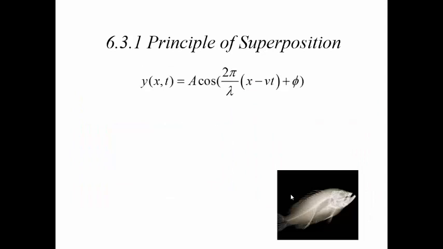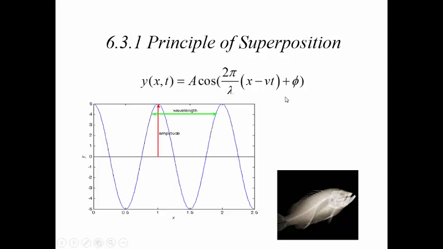And here's a simple wave, a sinusoidal wave, specifically cosine, and the wave is a function of the distance and the time. Here we have the amplitude of the wave, the wavelength, the distance, the velocity of the wave, the time, and a phase angle.